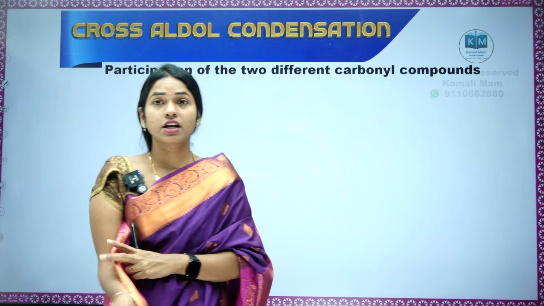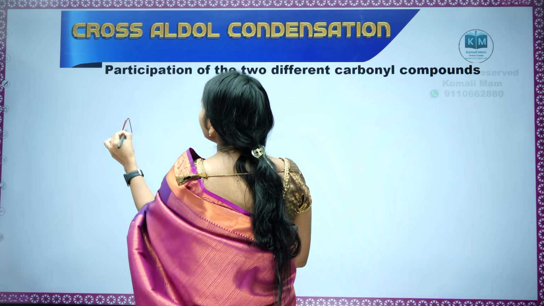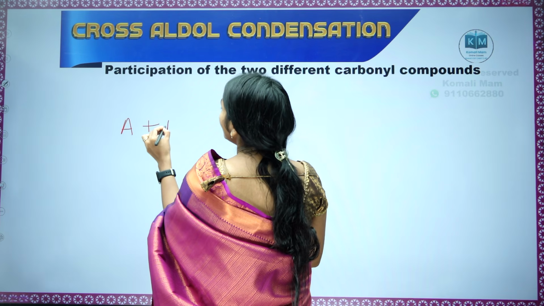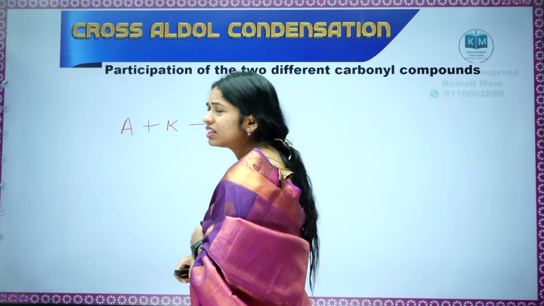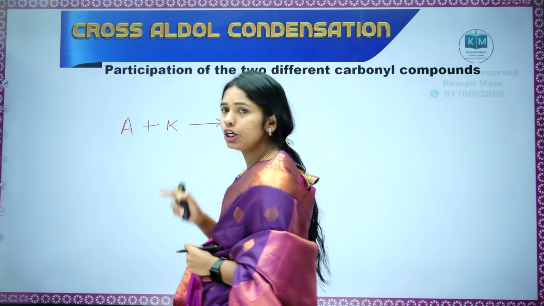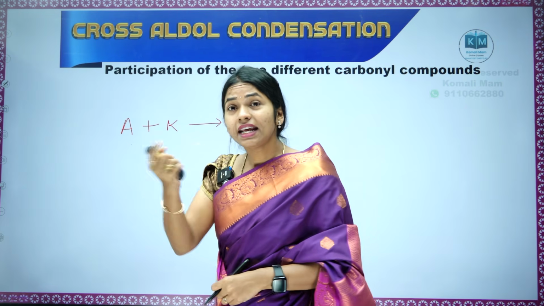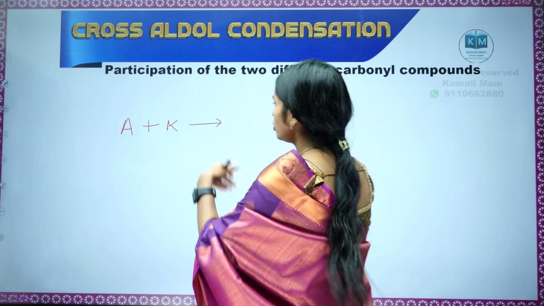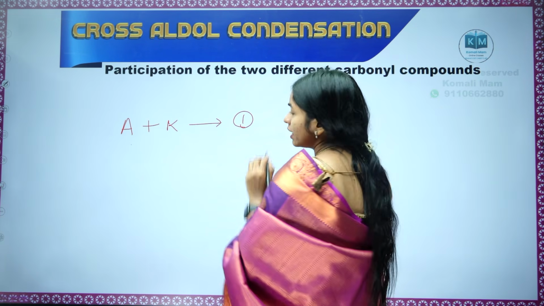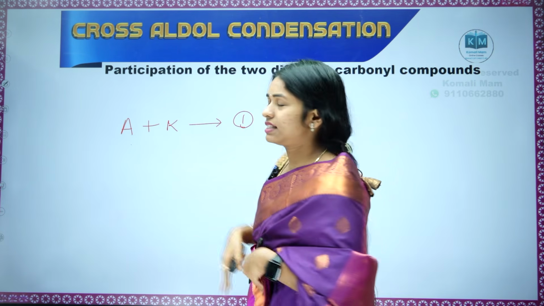How, ma'am, 4 products? Listen carefully to how 4 products will form. Let's say A is reacting with K, for example an aldehyde reacting with a ketone. First product: aldehyde reacts with aldehyde, a self product. Next, ketone reacts with ketone, a self product.